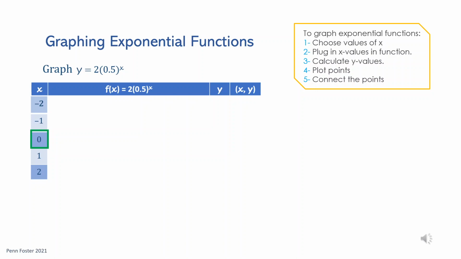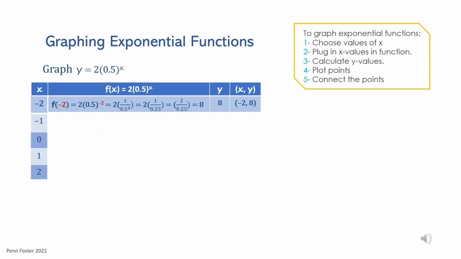For x equals negative 2, plug in negative 2 in place of x in the given function. A common mistake is multiplying 0.5 times 2, then raising the product to the power. The right way to evaluate this function, however, is to raise the base 0.5 to power negative 2 first, then multiply that times 2.